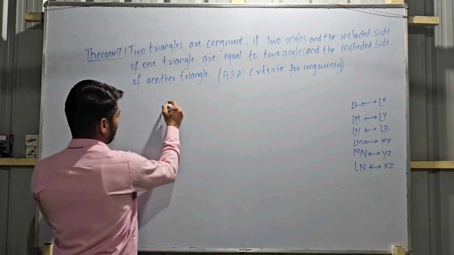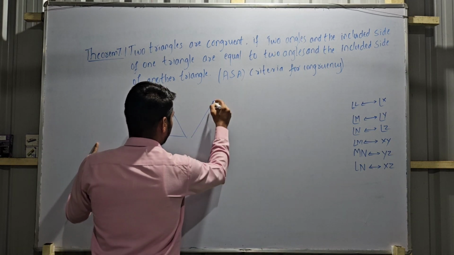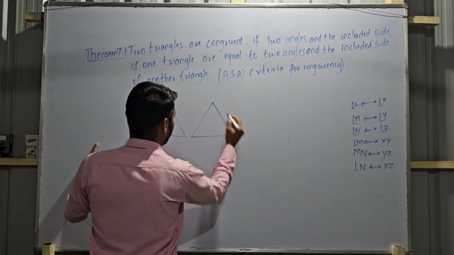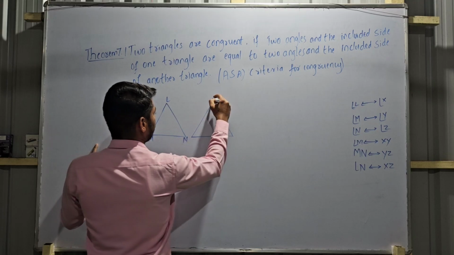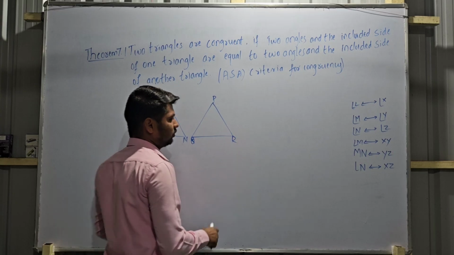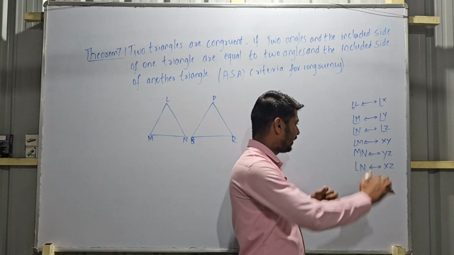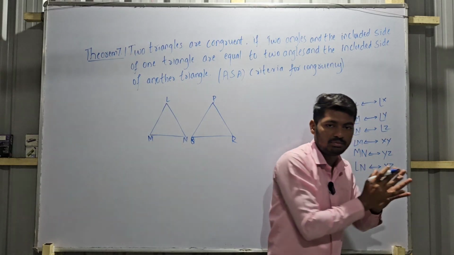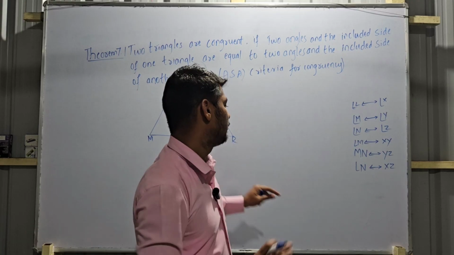Suppose again I will be taking the same triangles LMN and PQR. You know the corresponding angles and corresponding sides. No need to take all six at a time; we have to take any three particularly.